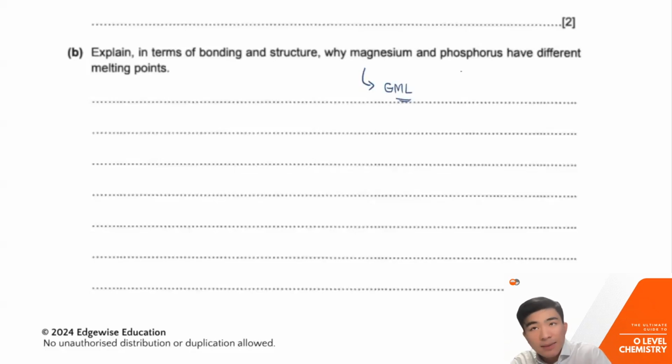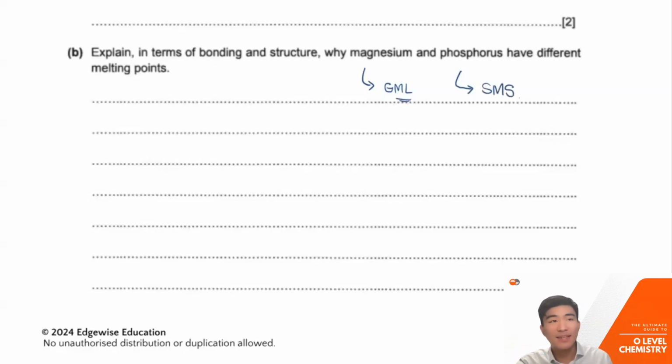Same goes for phosphorus. What kind of structure does it have? Simple molecular structure, giant molecular structure? Rachel says simple molecular structure. Anybody else have any answer for phosphorus? JH also said simple. So phosphorus has a simple molecular structure.